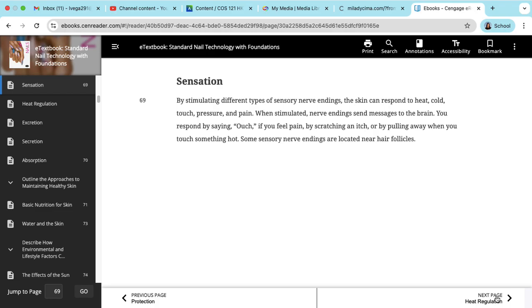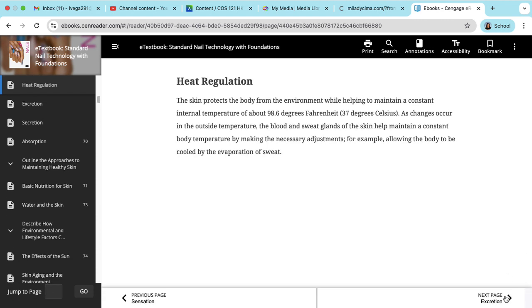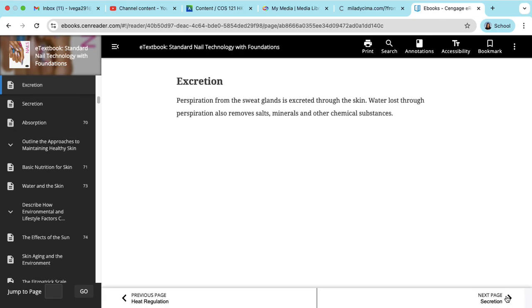Sensation. Sensation is the stimulation, like heat, cold, touch, pressure. Heat regulation. The body has to be at 98.6 degrees Fahrenheit at all times, most likely. Excretion is the perspiration from the sweat glands.